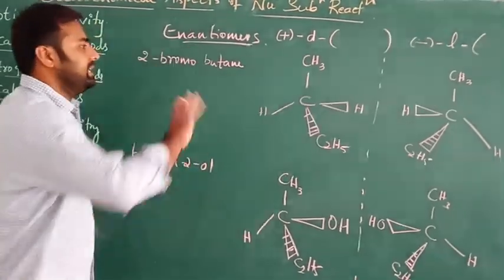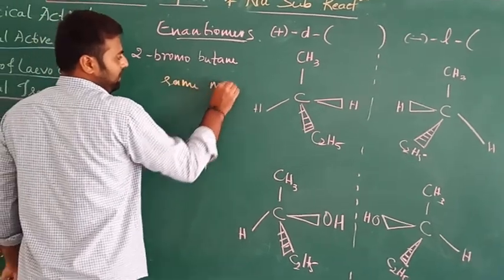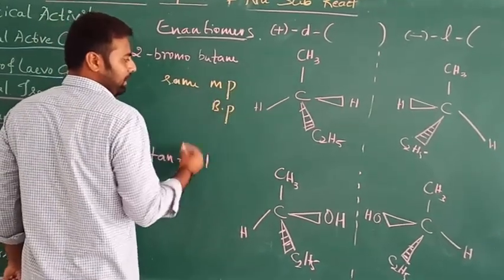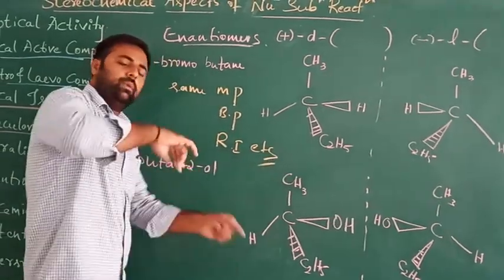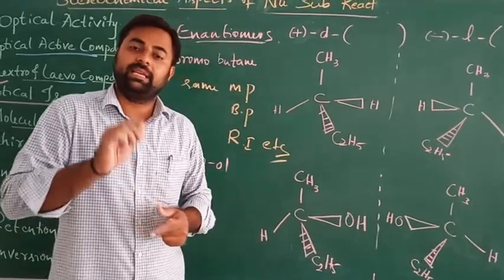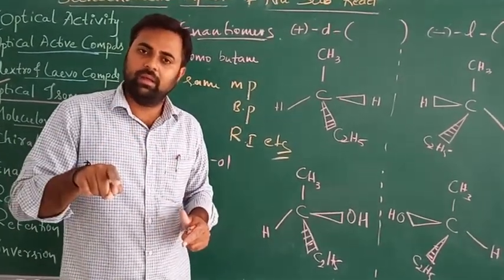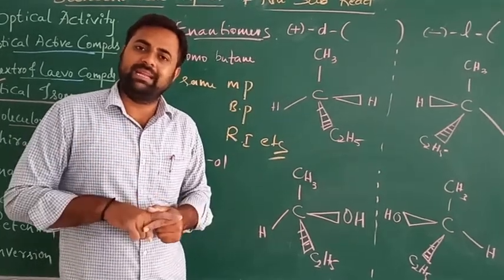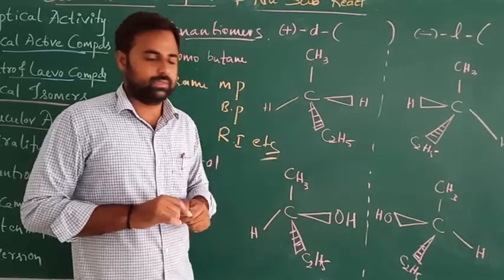But these two compounds have the same melting point, boiling point, refractive index, etc. Most of the physical properties of enantiomers are the same except one property, that is rotation of plane polarised light, which is different for the dextro and levorotatory compounds.